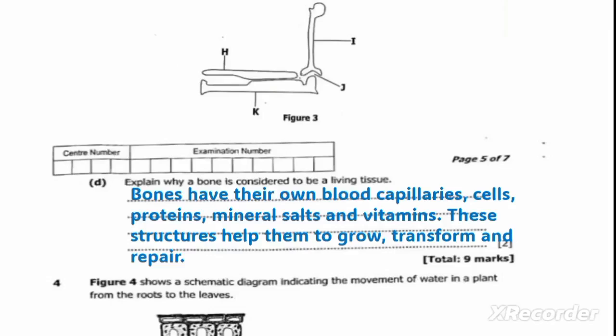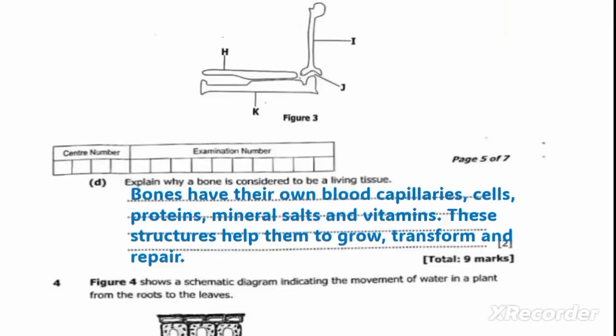They are able to grow, transform, and repair because of the presence of blood capillaries, or blood vessels, supplying them with nutrients and oxygen. And we have proteins and mineral salts. All these substances help them to grow, transform, and repair. Hence, they are considered to be living tissues.